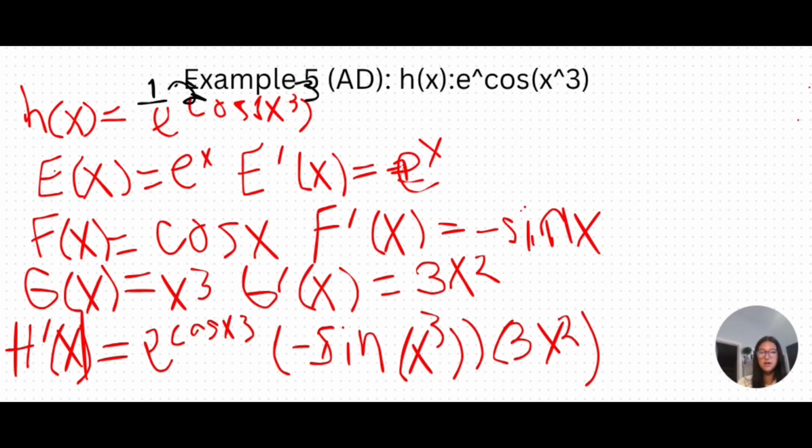So this is our final derivative. So we have e to the cos x to the third times negative sine x to the third times 3x squared. So it's really just about finding what order do I derive them in, what makes the most sense.